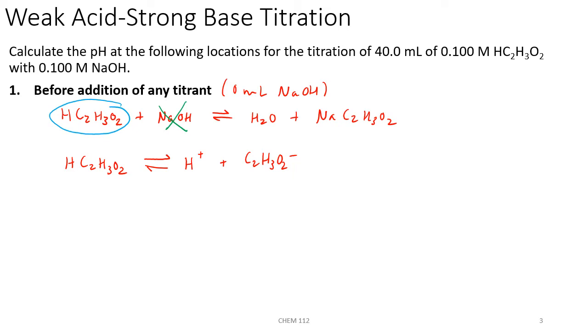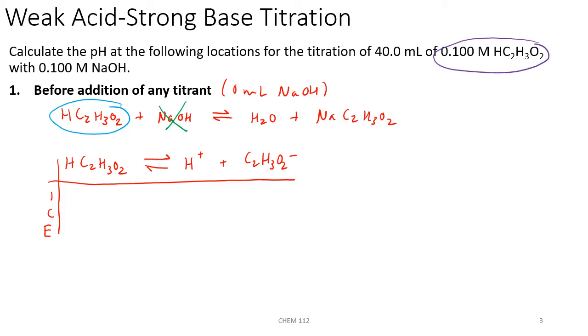So initially, before you add any titrant, you're going to do a weak acid pH calculation. If you would like to, you can set up your ICE table, and our initial concentration of our weak acid, we were told was 0.1 molar, so we'll plug that in to our I line. Initially, we have no dissociation occurring, we're assuming, so 0 for the hydrogen ion, 0 for the acetate anion.